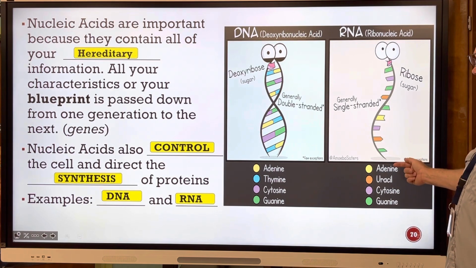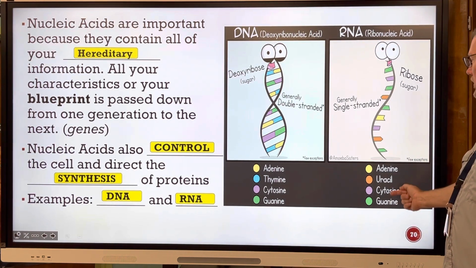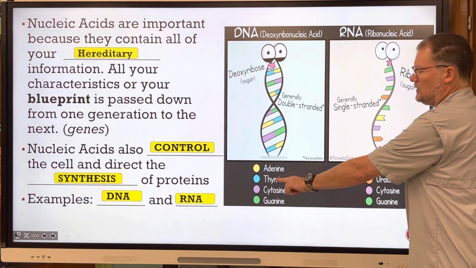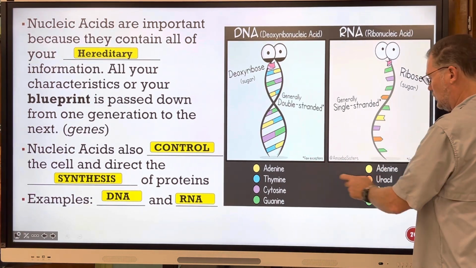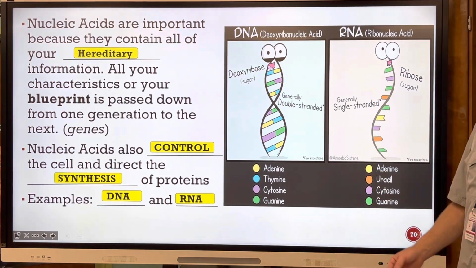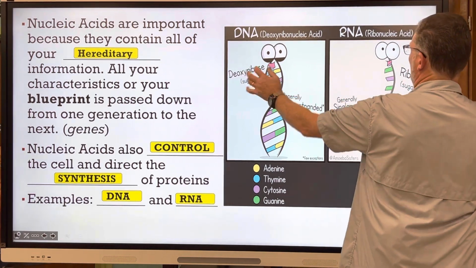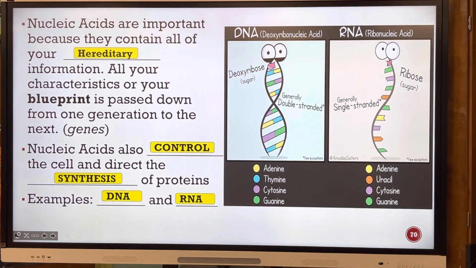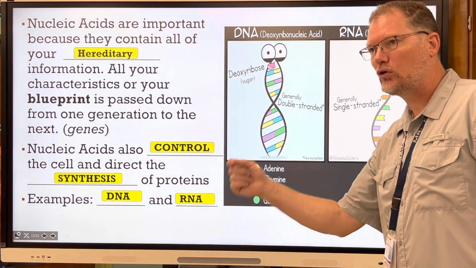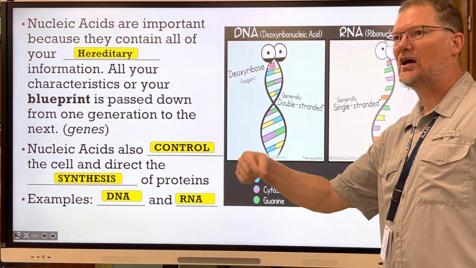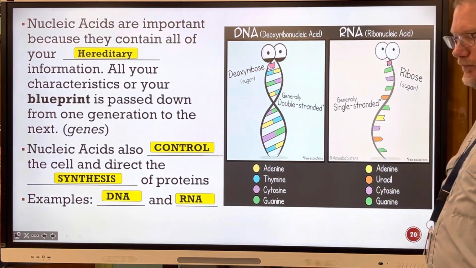Adenine, cytosine, and guanine are the same in RNA, but the thymine is missing from RNA. Instead, you've got something called uracil. And those are the bases. We're going to talk about those more in a minute. Deoxyribose and ribose are sugars. OSE, O-S-E, sugar: glucose, sucrose, fructose, deoxyribose, sugar.